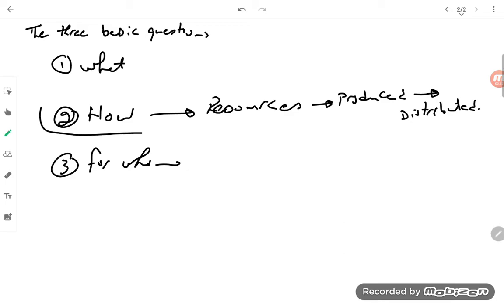So in order to answer this question, which is how, we have to refer back to the circular flow model.